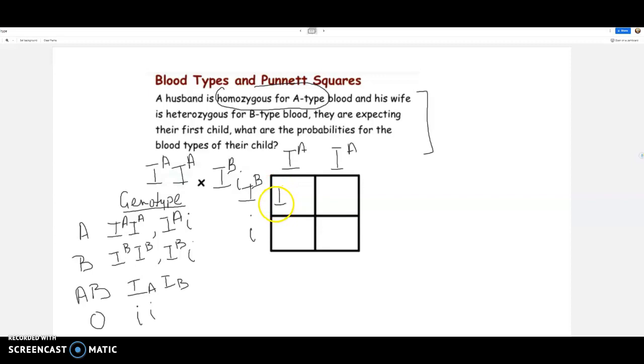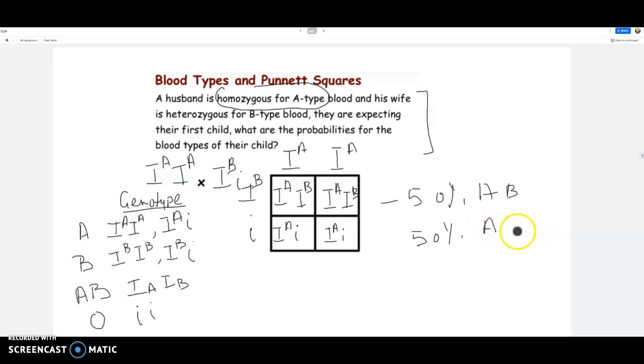So we write A first, so it's going to be A B, and again A B, and this is going to be heterozygous A, and again heterozygous A. If you look at the phenotype, that means 50% are going to be blood type AB, and 50% are going to be blood type A, which are going to be heterozygous.